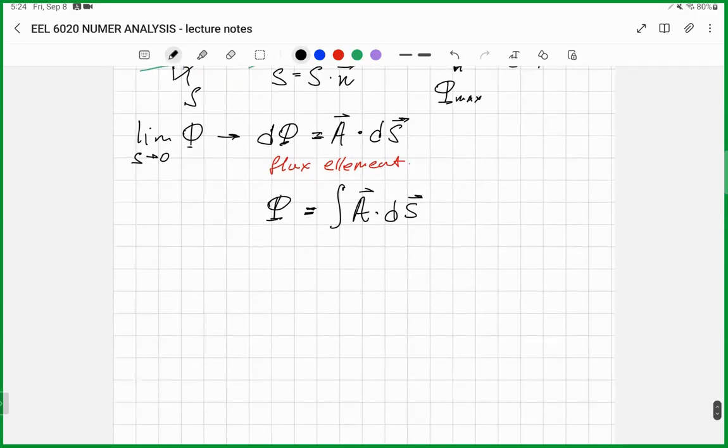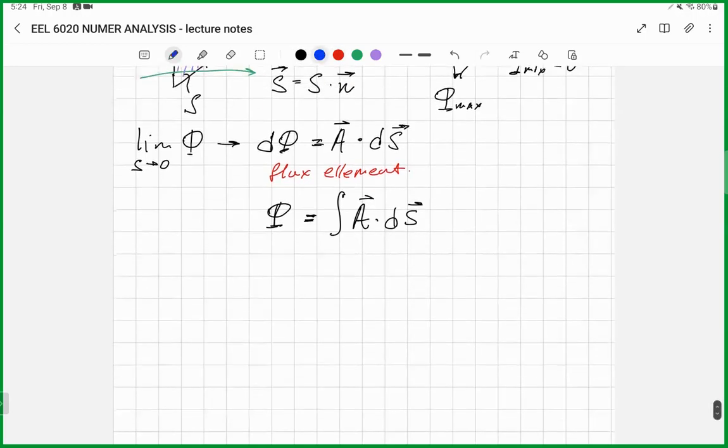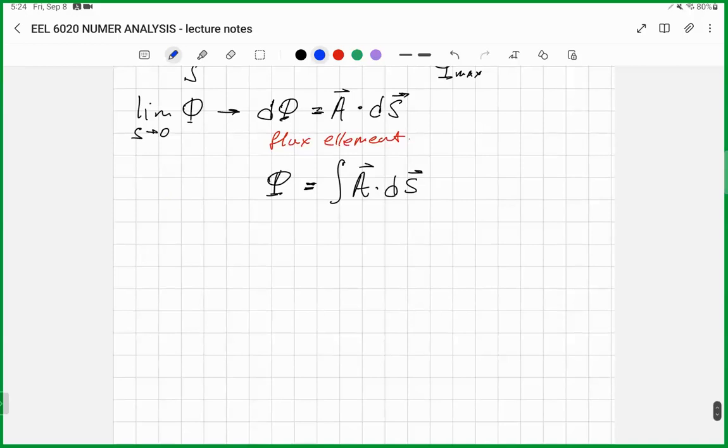Let us consider a little bit more this vector of the surface. Let's consider a coordinate system x, y, z, and let's arrange this element of the surface orthogonally to the axis y.